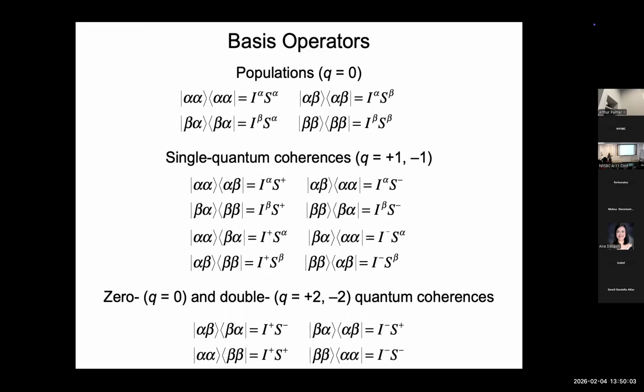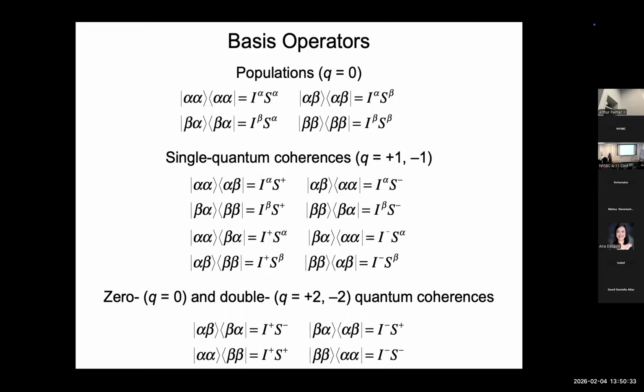So if I write the ket bra, those are operators, and I can show, for example, that the ket alpha alpha acting on the bra alpha alpha is what I mean by I alpha S alpha. If I take the I alpha matrix and do the direct product with S alpha, I get the same matrix.